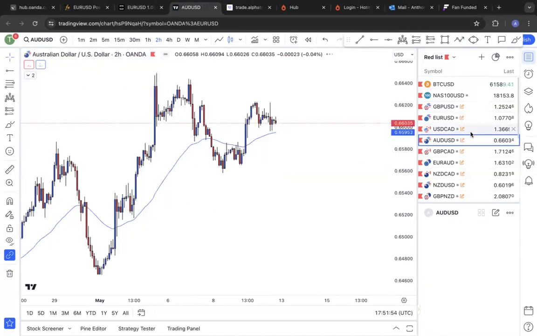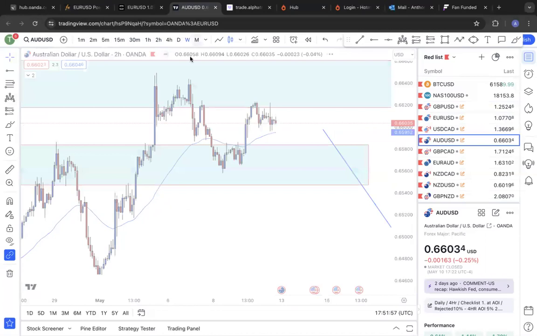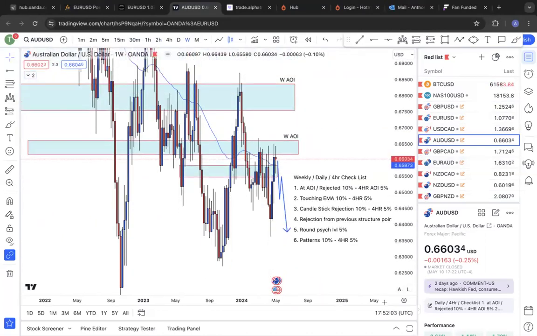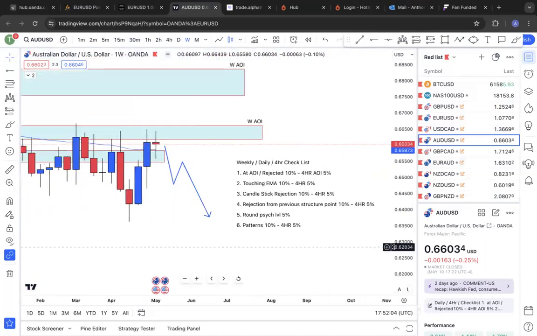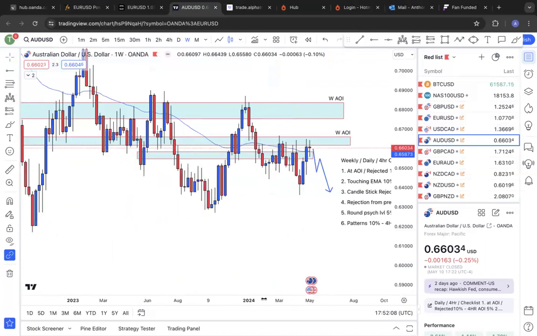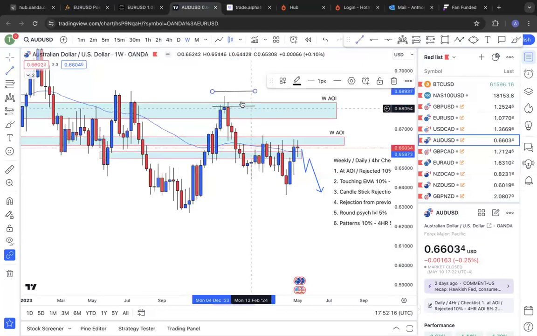AUD USD. Right here. All right. We begin. Start from the beginning. Higher. Bearish.